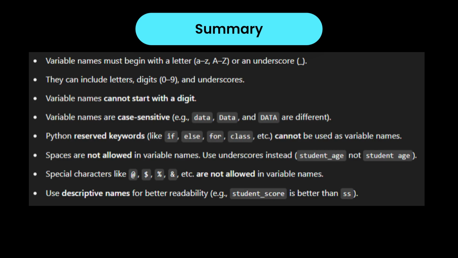If you need separation, use an underscore instead. So instead of student space age, just write student_age. In student space age, Python considers student and age as separate variables. So follow these simple rules and your code will be clean, readable and error free.